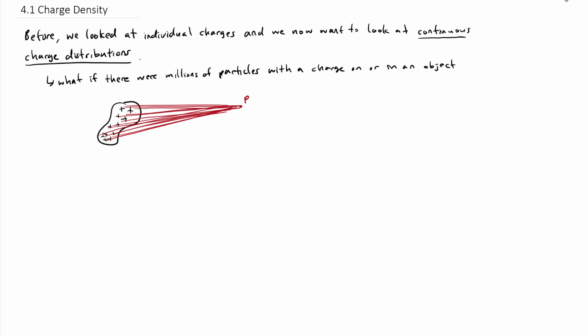So in this scenario, it would almost be impossible to break this up into so many tiny pieces to be able to calculate the electric field at this point P. So to calculate dE over here, we'd have to do tons of calculations. So it's way easier to take a look at charge density and then be able to figure out the total charge of the object and how it would generate an electric field.